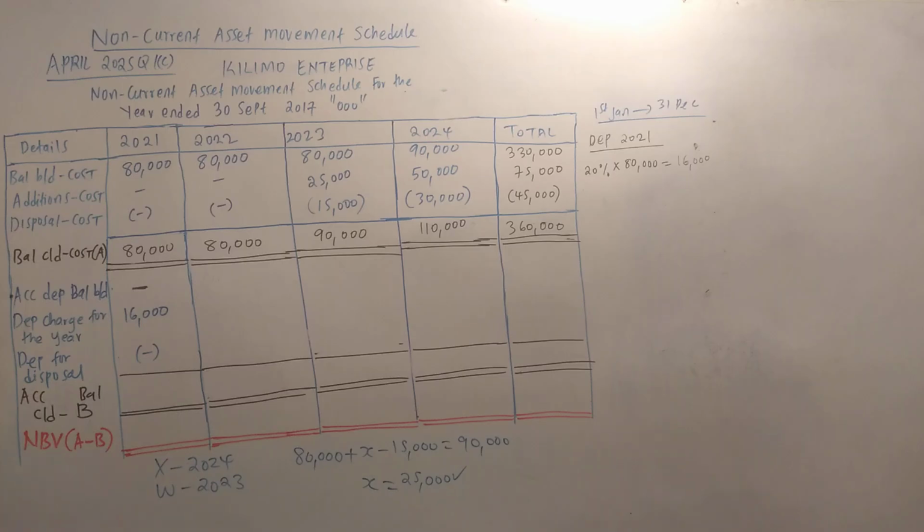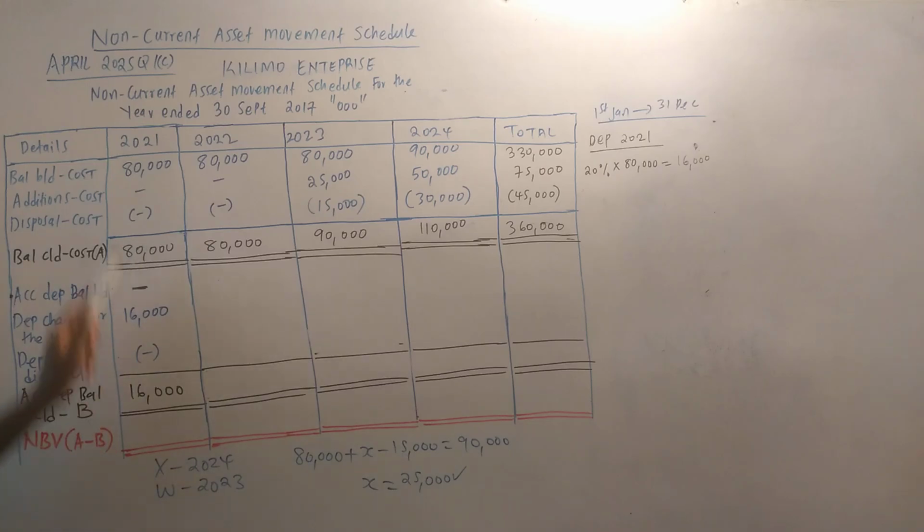So you are supposed to use accumulated depreciation. We take the accumulated depreciation balance brought down, add depreciation for the year, then less disposal, which would still be 16,000.